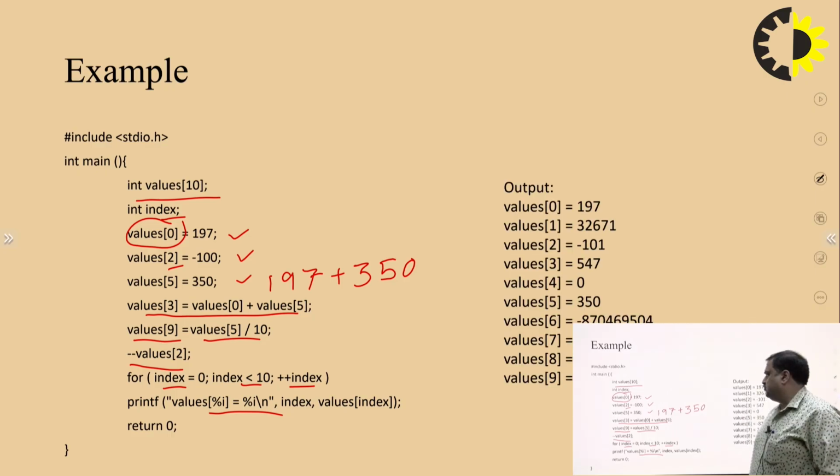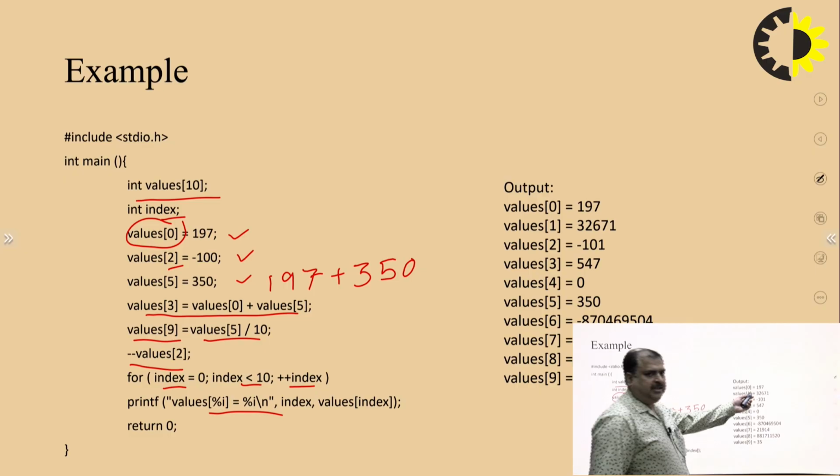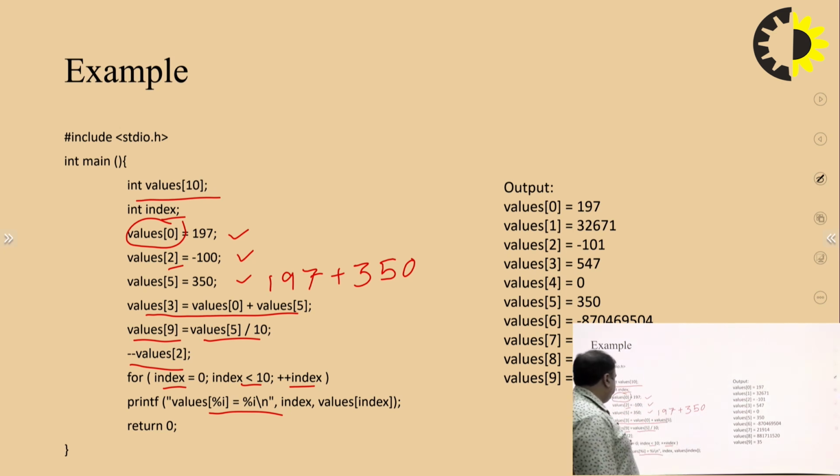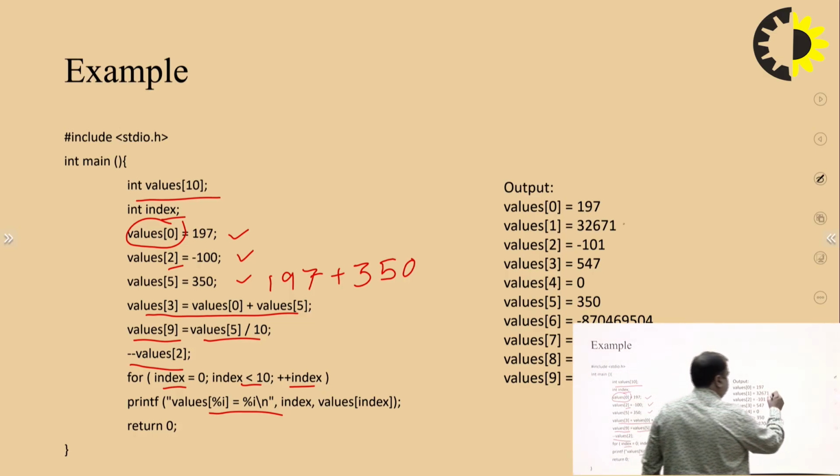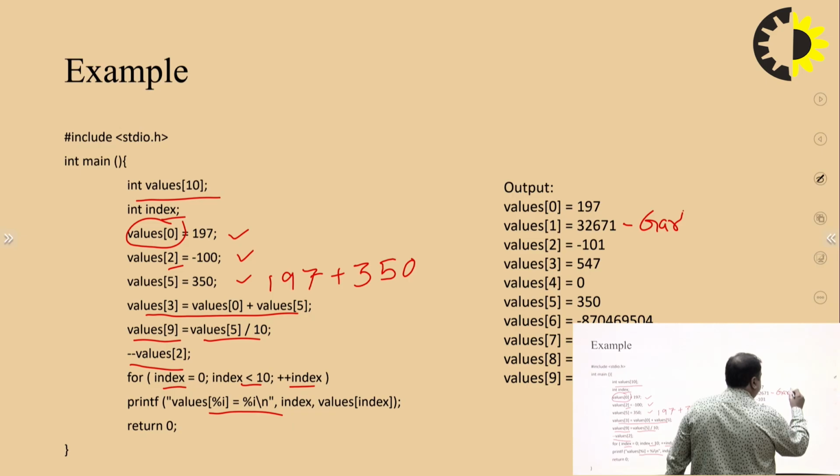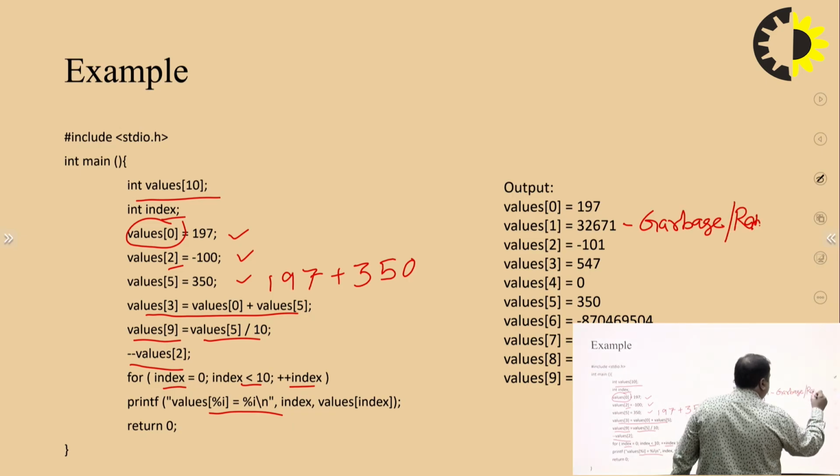So these values will be like this: here you can see value 0 is 197, value 1 is 32671, because we have not initialized value 1. So it is a garbage value, a random value.